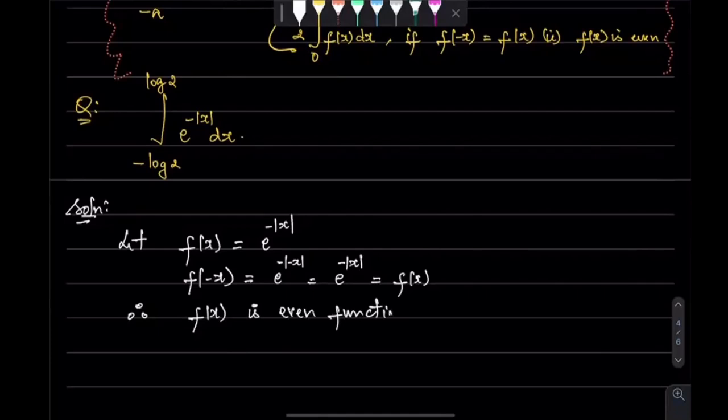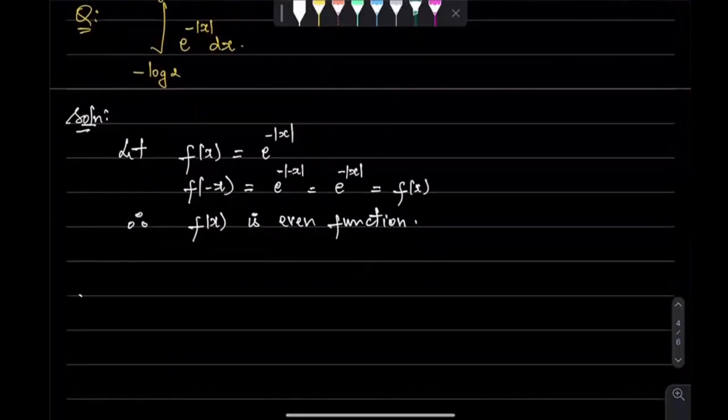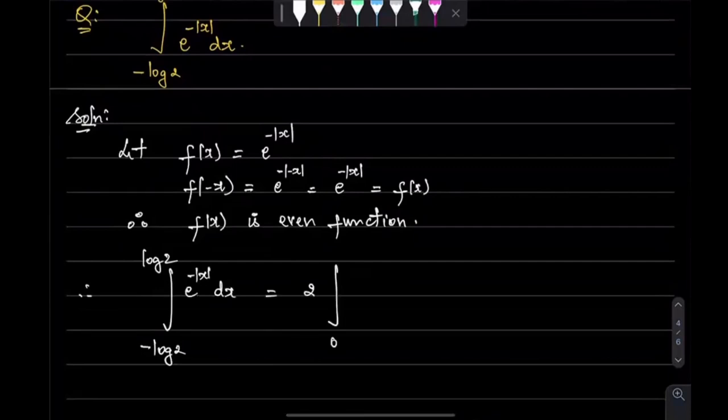So what happens to your I? Therefore, your integral from minus log 2 to plus log 2 of e power minus mod x dx becomes 2 times the integral from 0 to log 2 of e power minus mod x dx.